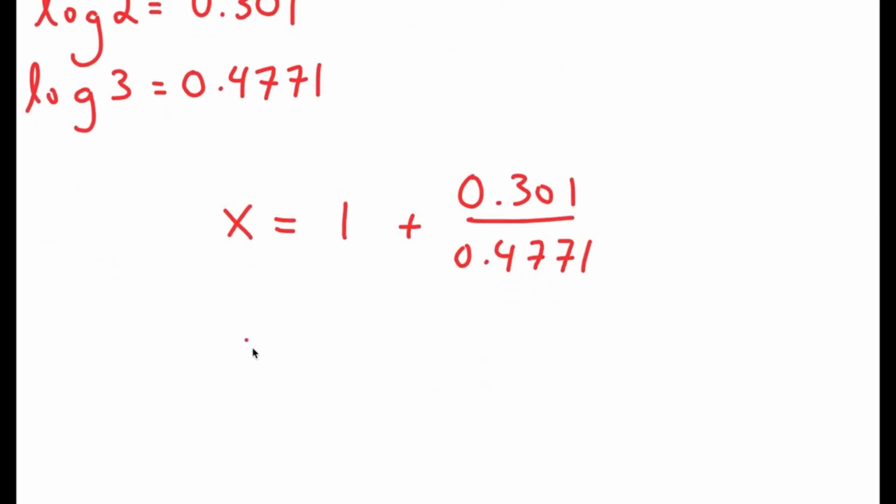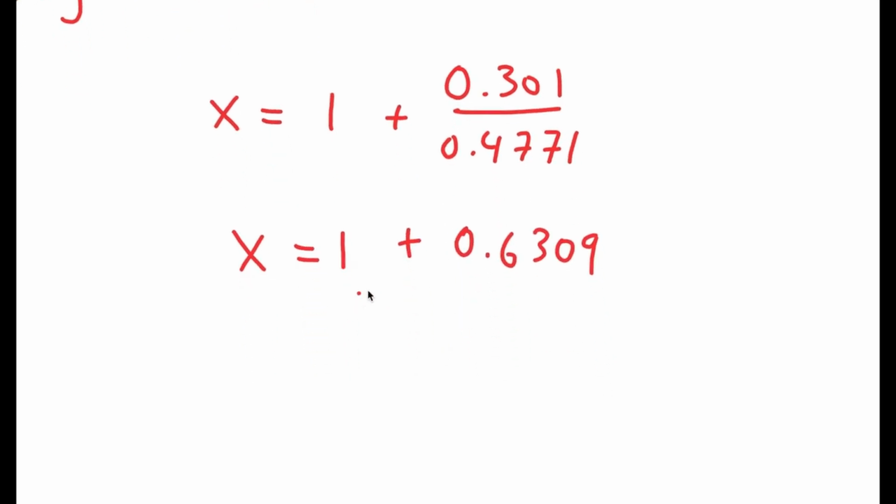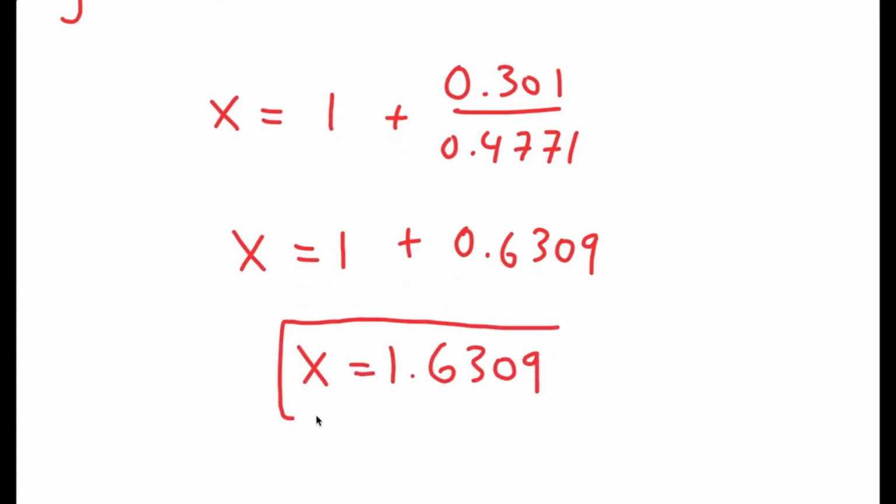And 0.301 over 0.4771 is 0.6309. So I have x is equal to 1 plus 0.6309, which is equal to 1.6309. So this is my solution.